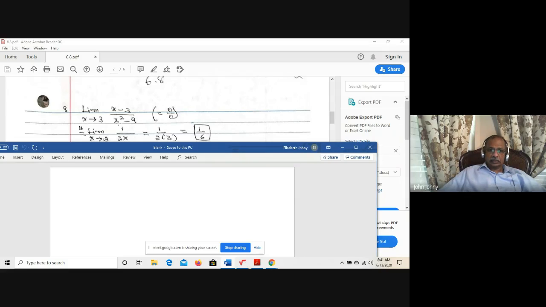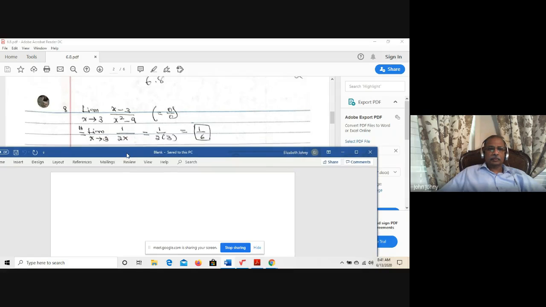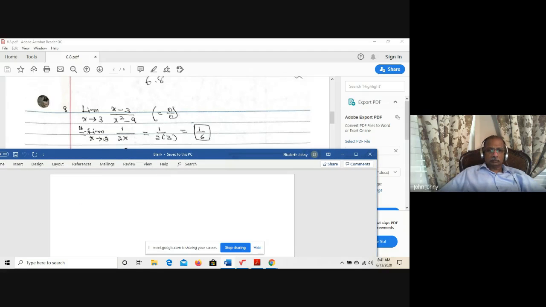The denominator is 3 squared minus 9, that is 9 minus 9, again 0. Now apply L'Hopital's rule. The derivative of the numerator is 1. The derivative of the denominator is 2x. Substitute x equal to 3. 1 divided by 2 times 3, the answer is 1 over 6.